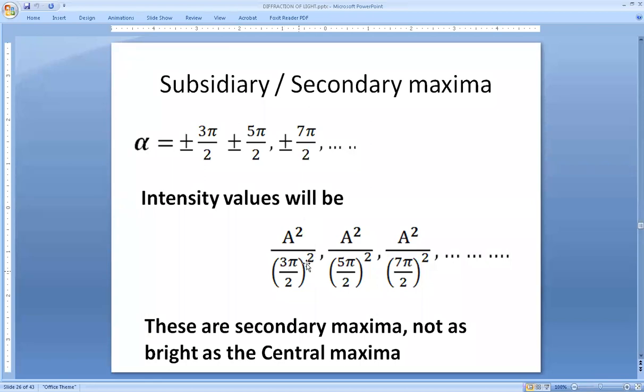So it is 25. So if the central maxima has 1 unit intensity, then the next secondary maxima is going to have 1 by 25th of that intensity. Imagine a 25 times fall in intensity. The next one is going to be something like this value divided by 5 square, 7 square. Like that, the intensity is going to be drastically falling, right?